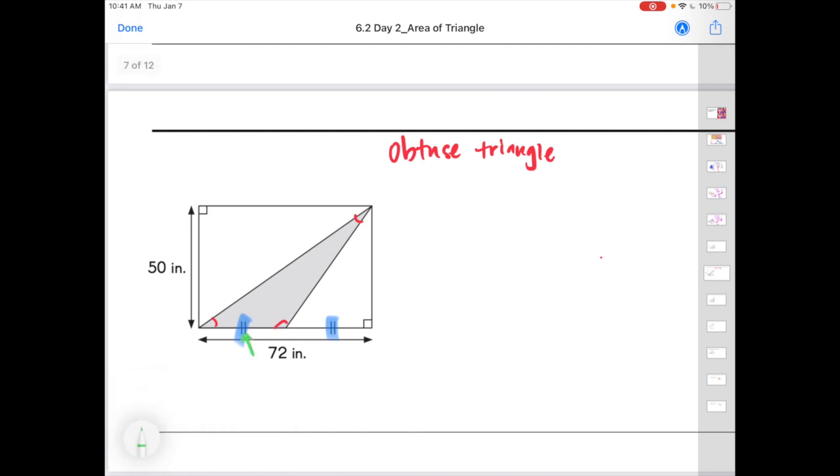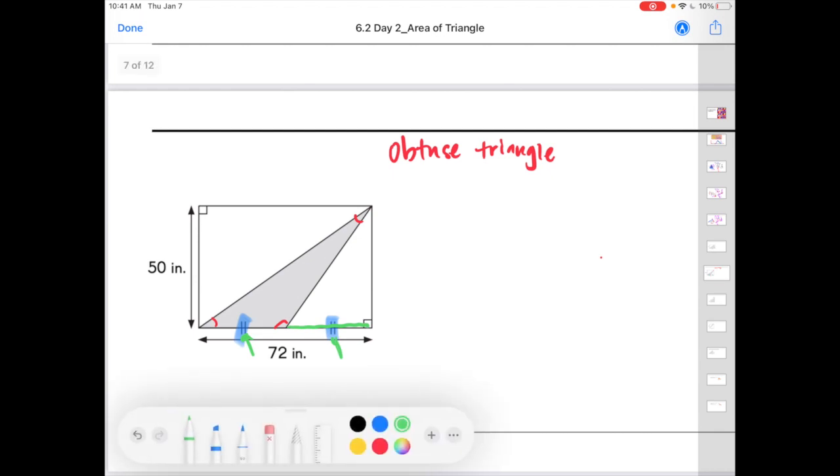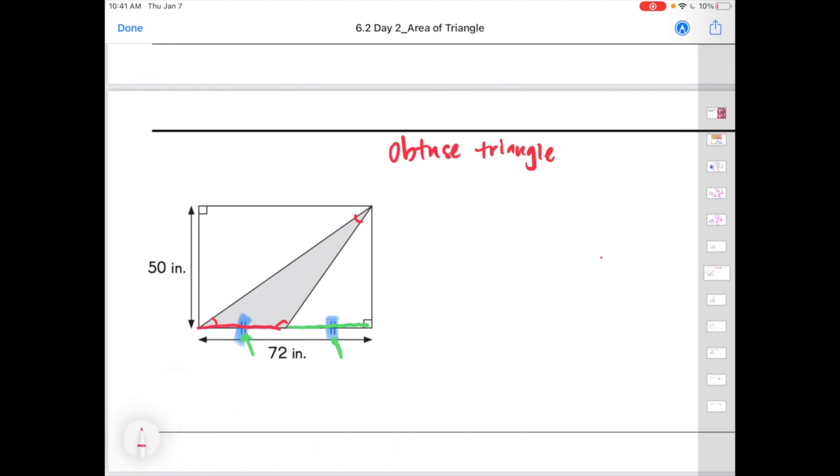But what they're showing us down here with the double tick marks is that this length and this length are equal in length. So they don't tell us the measure of this base, but we know that the whole side's measure is 72.